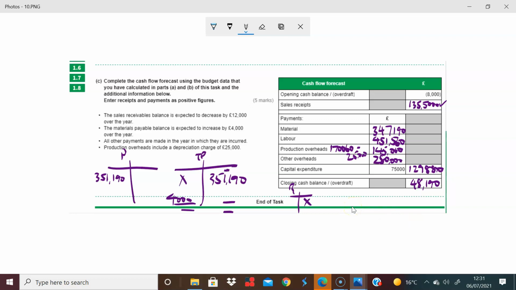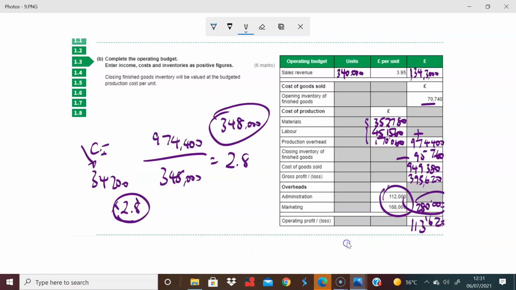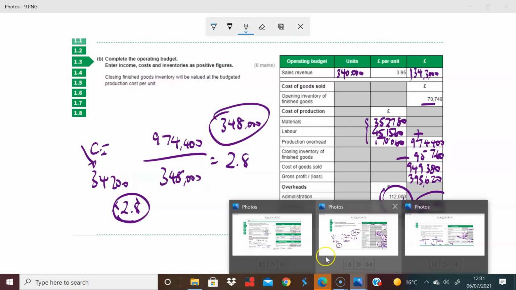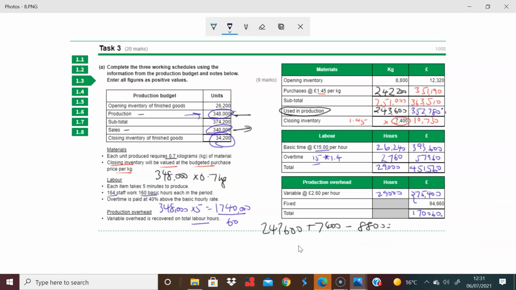A little point to highlight here. When we look at materials, we are interested in the spending on the material purchasing, because that's where we spent some money. That's for purchasing, and that was for sales.